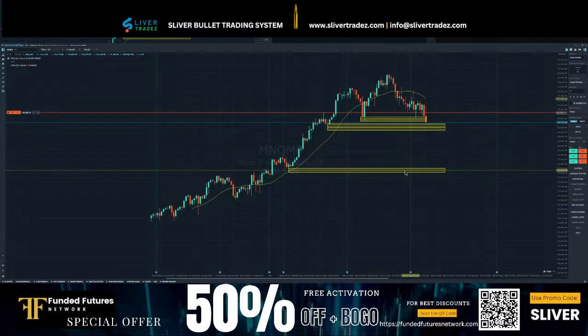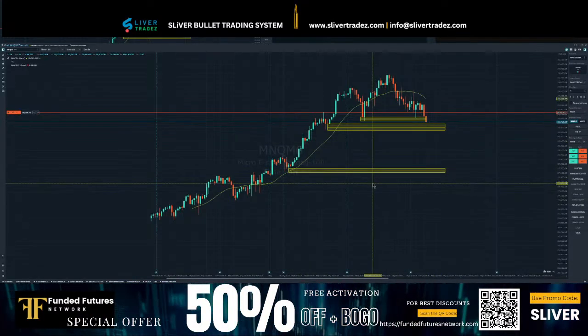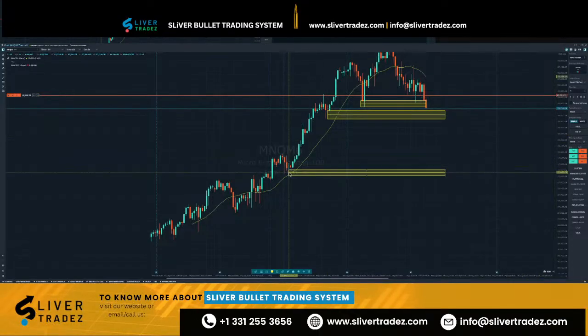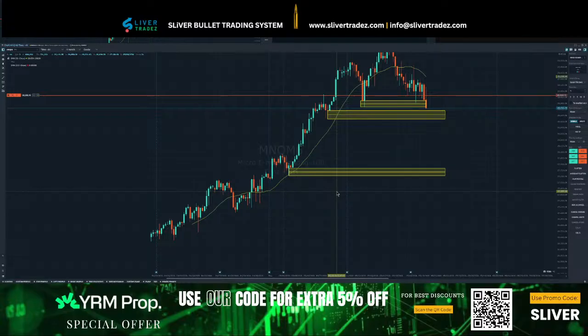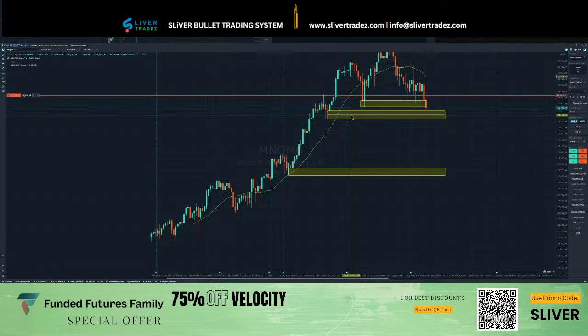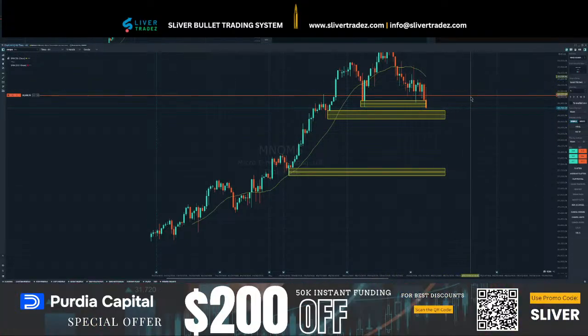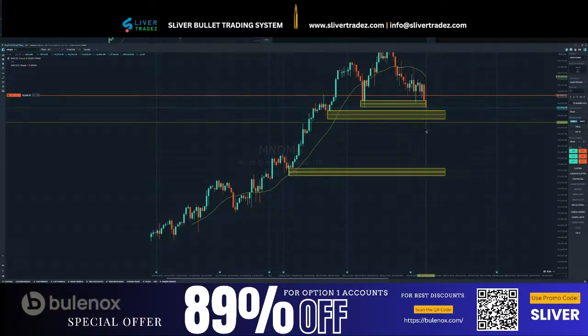Our next order block would be somewhere here. So that's order block. Expect to see some reaction, and then market will go back up, and then it will try to come down. It cannot come down all the way down here unless there is really bad news.